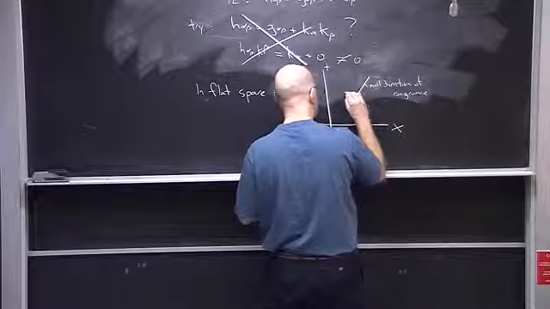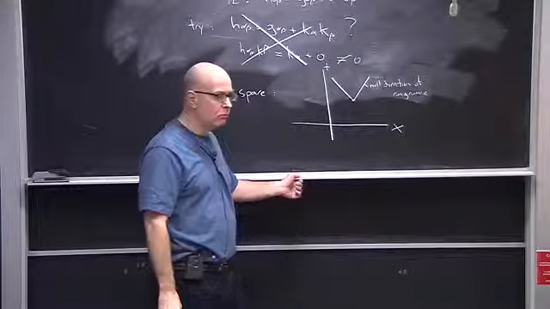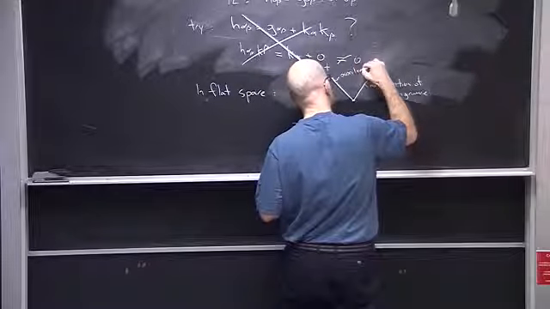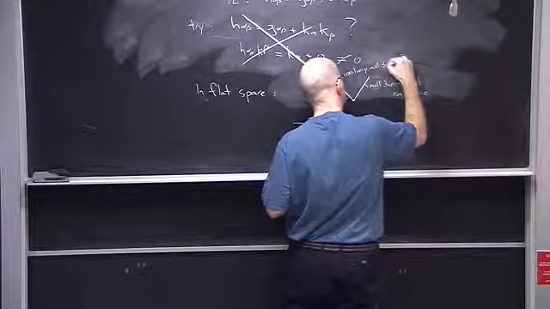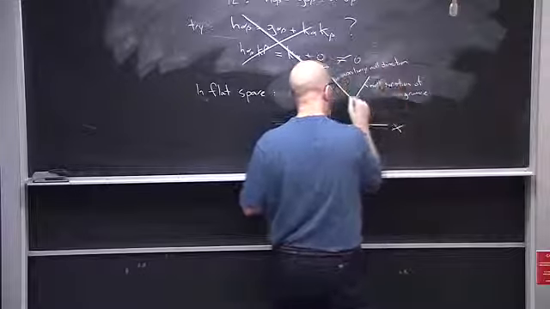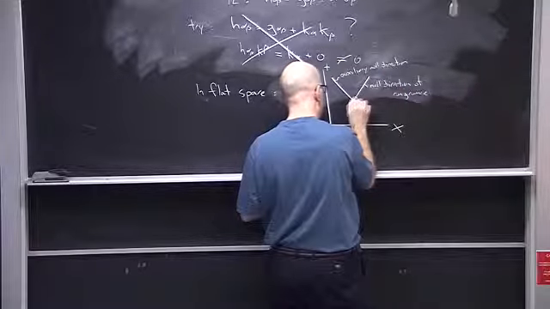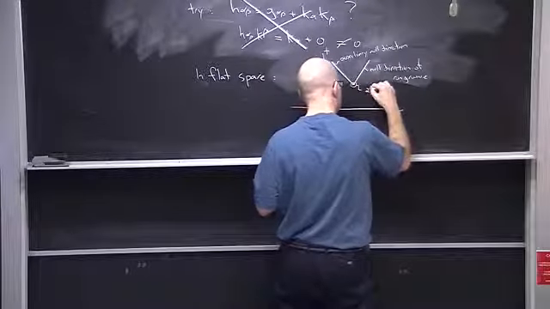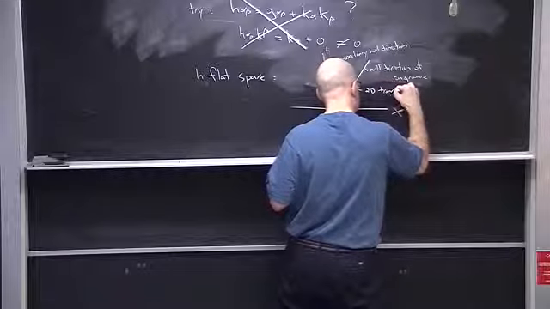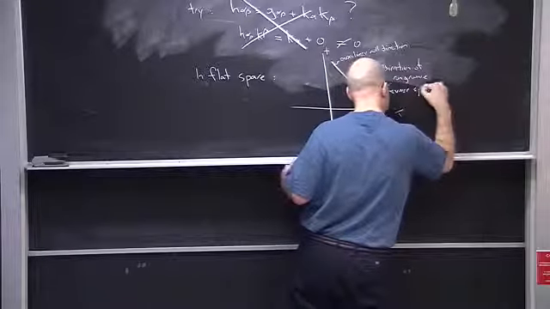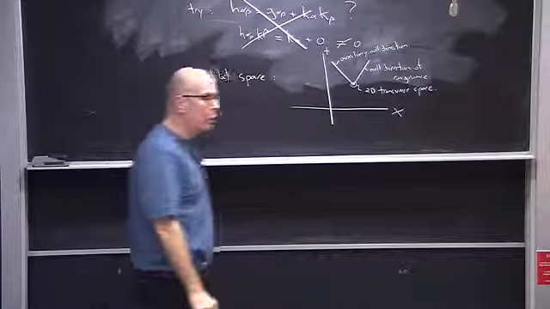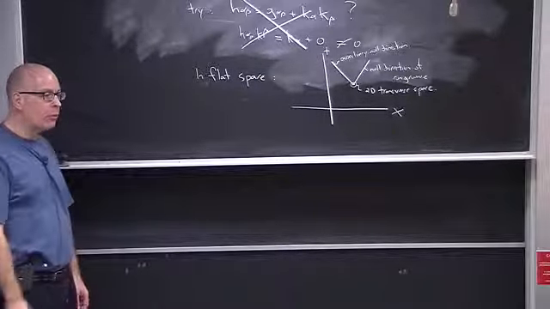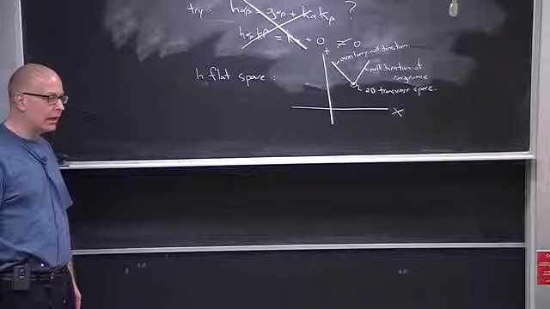We would pick another null direction, which I'll call an auxiliary null direction. We would kill that one, and then what would be left over is this two-dimensional subspace. And that's the one we want. That's going to be the two-dimensional transverse space that we expect will be the proper thing to do when we deal with the light-like limit.